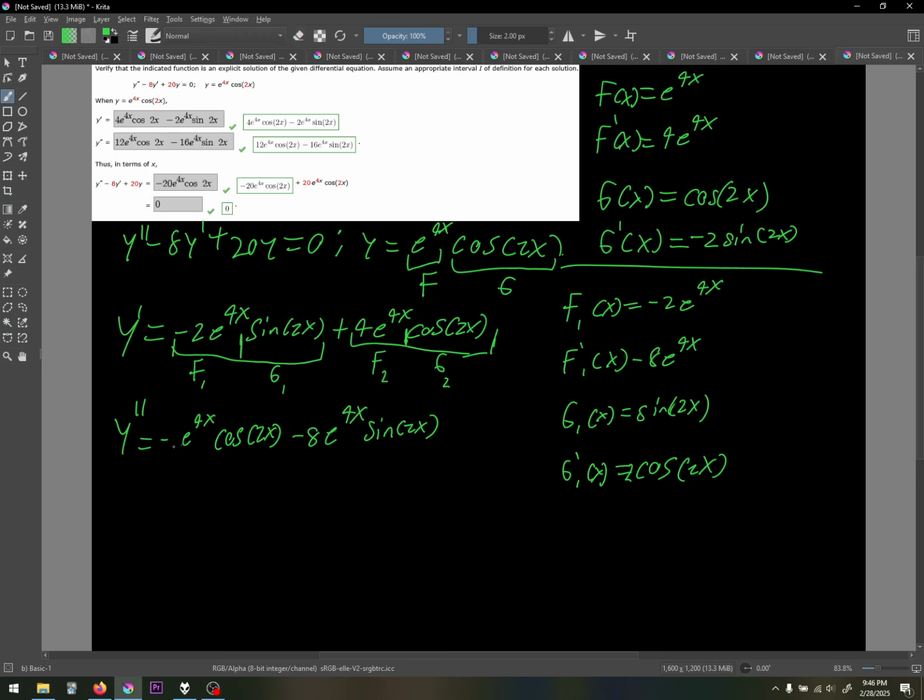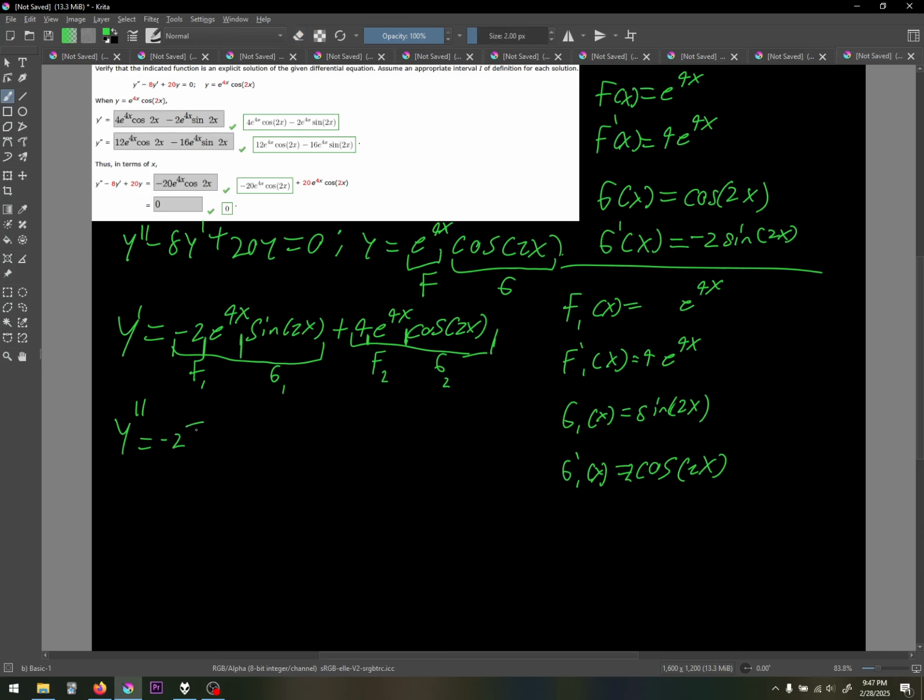This should be e to the 4x, shouldn't it? Hold on then. I'm thinking what we should have done is actually cut this off and that off. Interesting. But actually, it's looking more like this again. And that's probably fine.